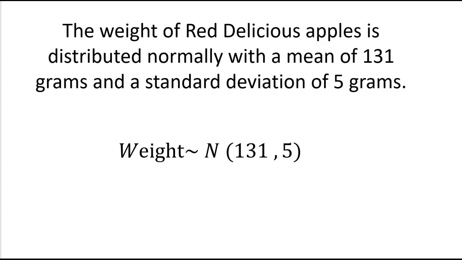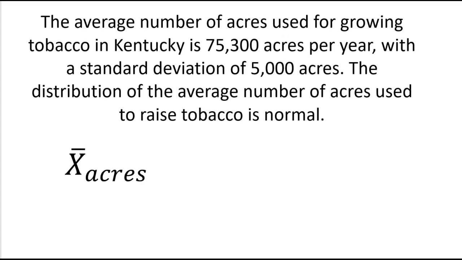For the next example, we have the average number of acres used for growing tobacco in Kentucky is 75,300 acres per year, with a standard deviation of 5,000 acres. The distribution of the number of acres used to raise tobacco is normal. So, looking here, notice that what we're interested in is the average number of acres used for growing tobacco in Kentucky.